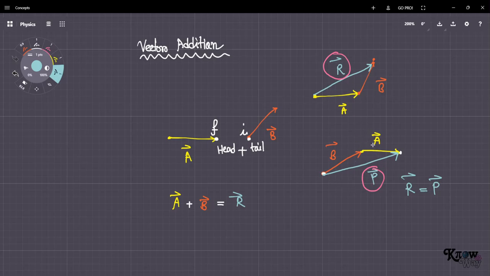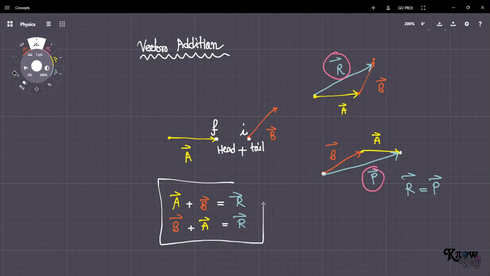It is going in the same direction, and it also has the same magnitude. So that means if we add B with A, we also get R.